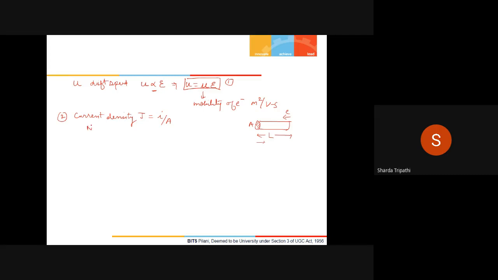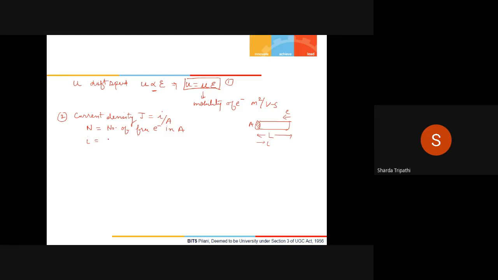And let me say that capital N is the total number of free electrons in this cross-sectional area A. So now we know that the movement of electrons from one region to another is going to create some current flow in this conductor.